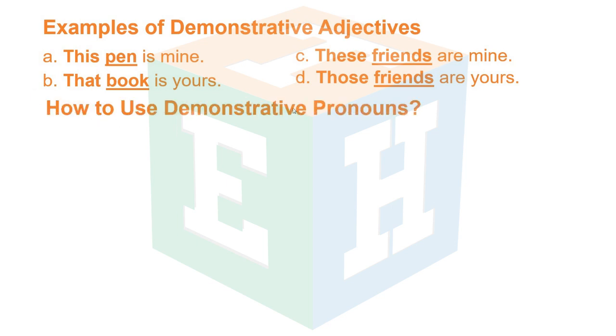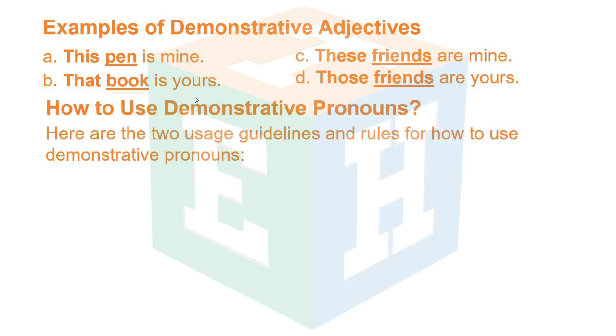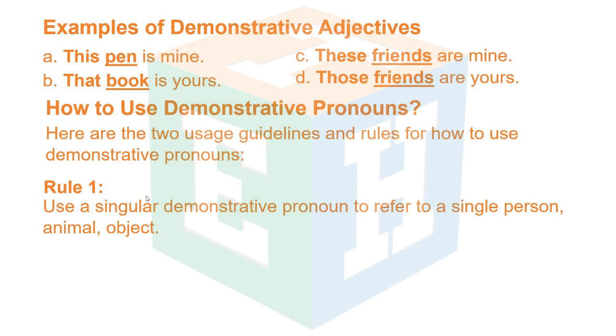How to use demonstrative pronouns? Here are the 2 usage guidelines and rules for how to use demonstrative pronouns. Rule 1. Use a singular demonstrative pronoun to refer to a single person, animal, or object. For example, this is my phone.